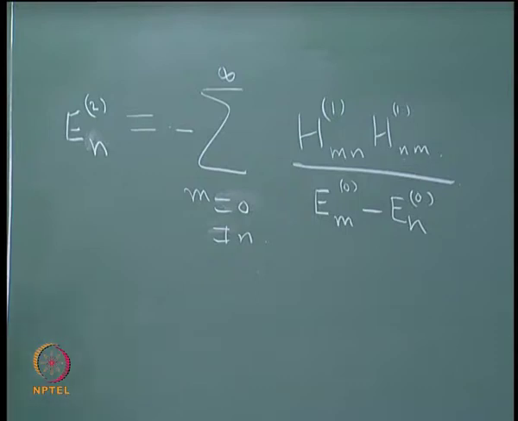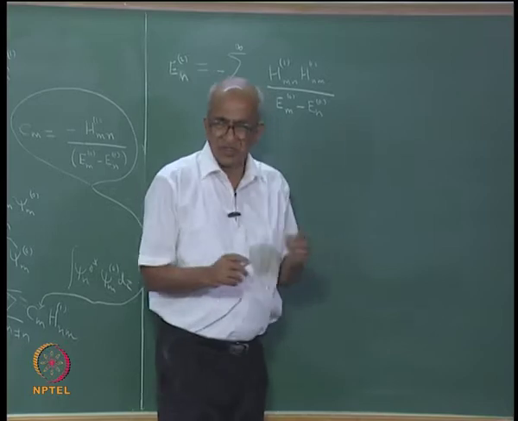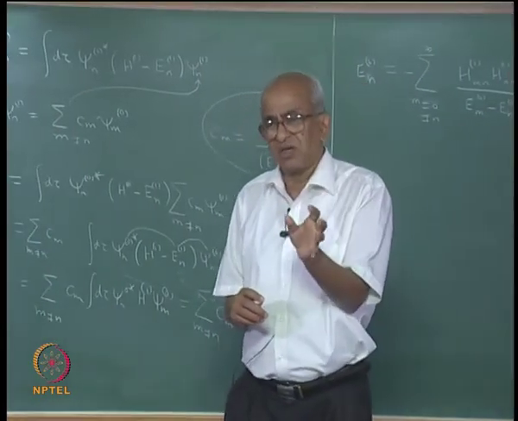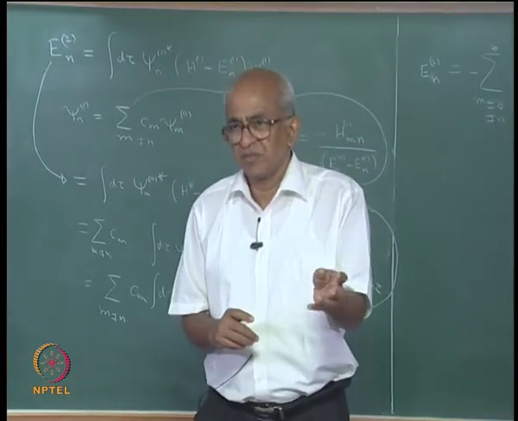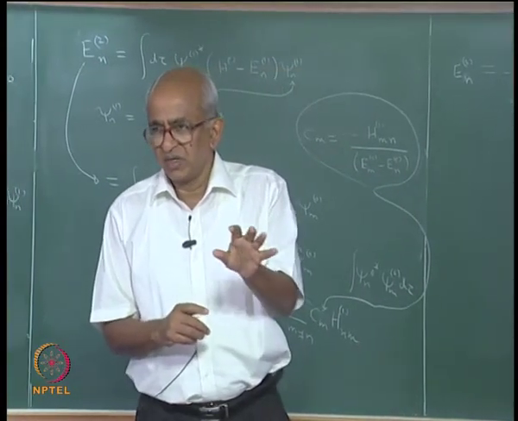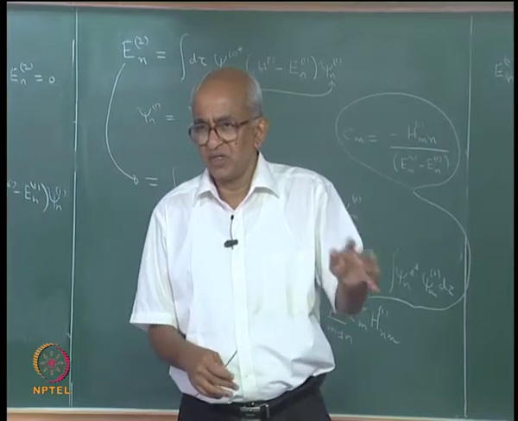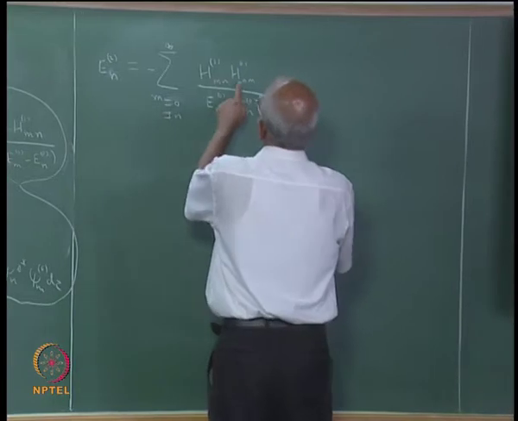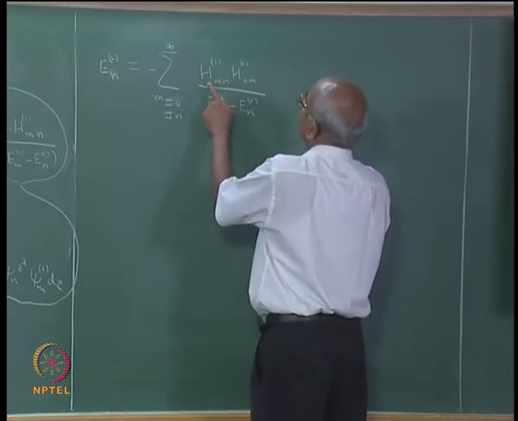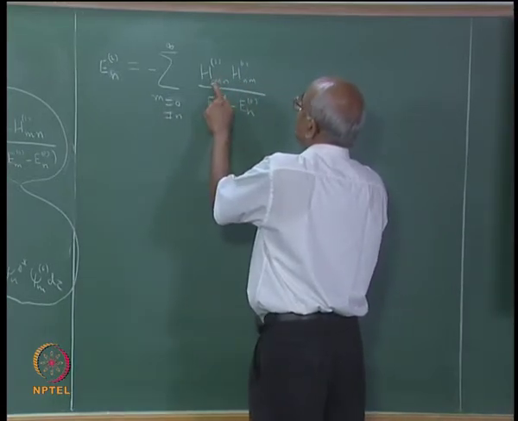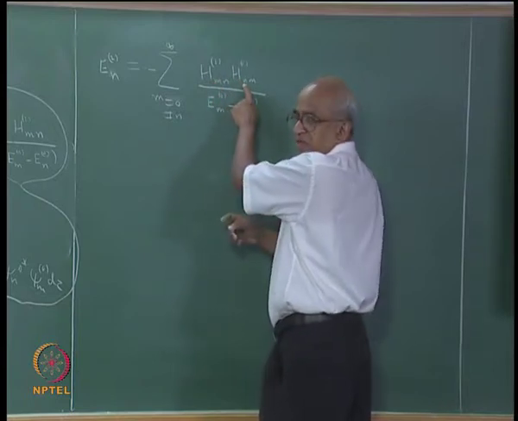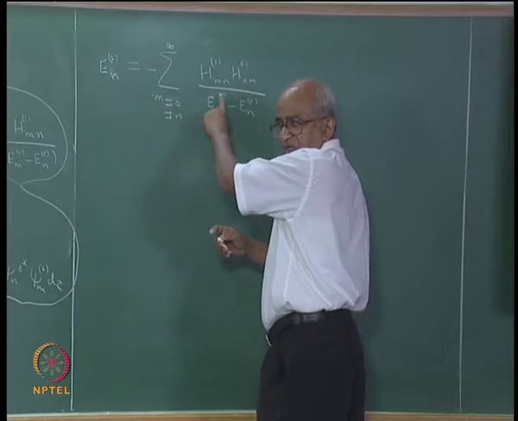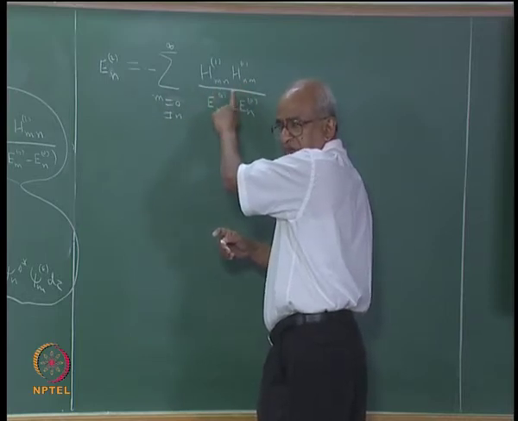And now this H1 itself is a part of your Hamiltonian, and normally even that part, the small perturbation that you are applying, will be a Hermitian operator, which implies that this integral is nothing but the complex conjugate of that integral. You can use the definitions to show that, but I am not going to do that.